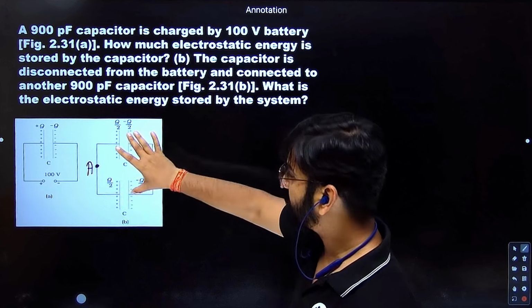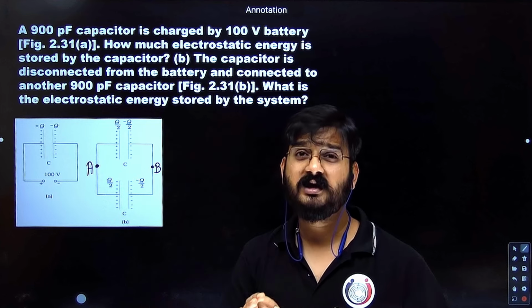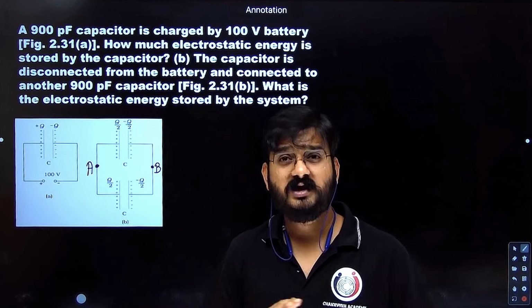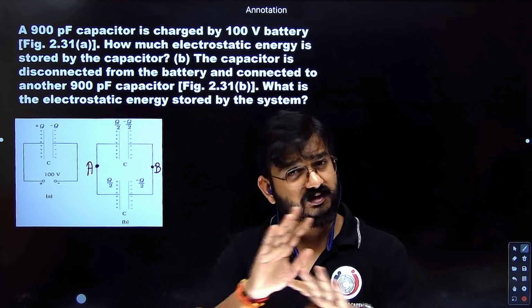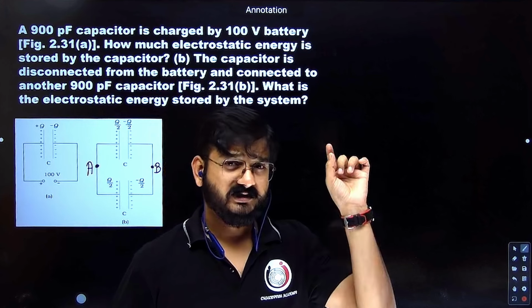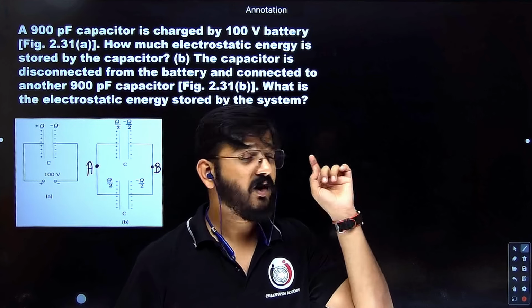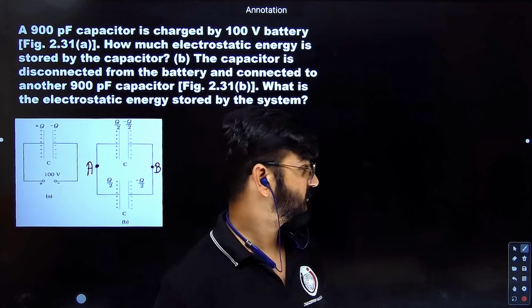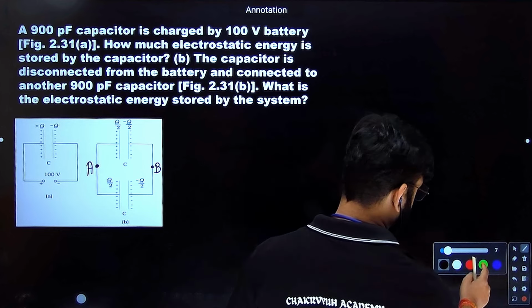The moment the two capacitors attain a common potential, it will be a stable scenario, an equilibrium, and the charge distribution will stop. So let's identify how to find the charge distribution on both capacitors and the common potential. Let's start solving it.